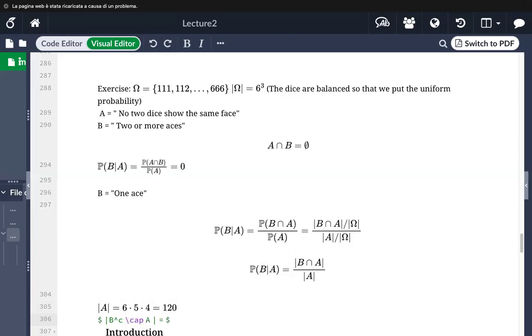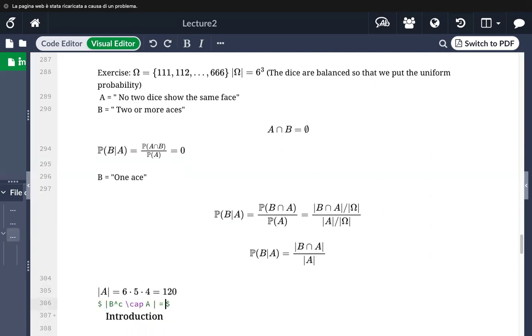This is equal to the number of elements in A that do not contain an ace.